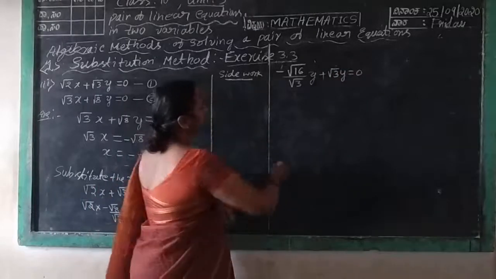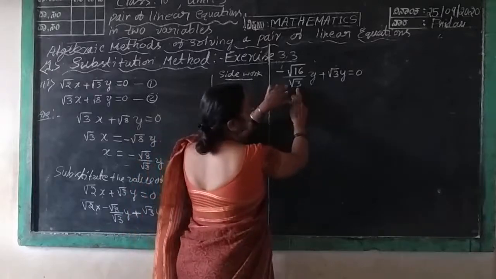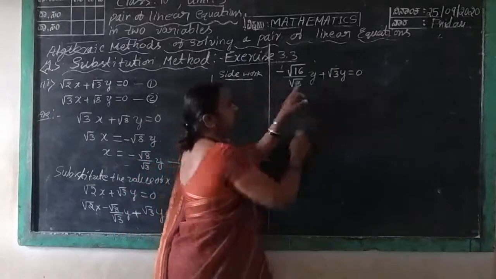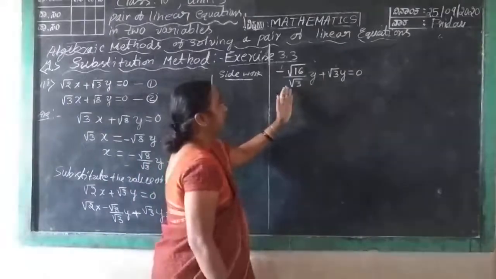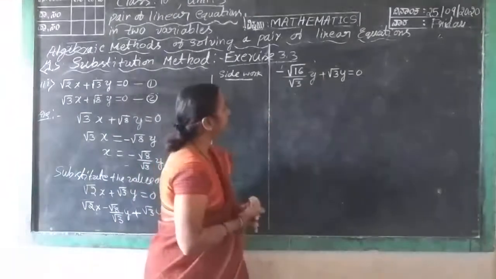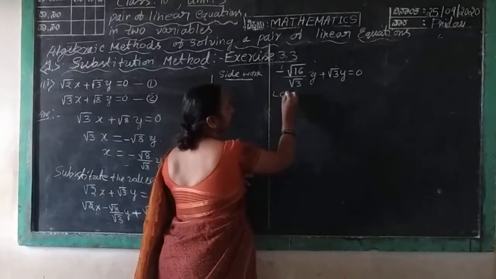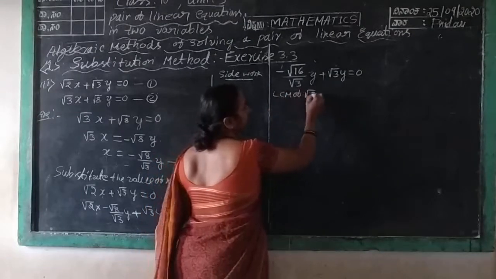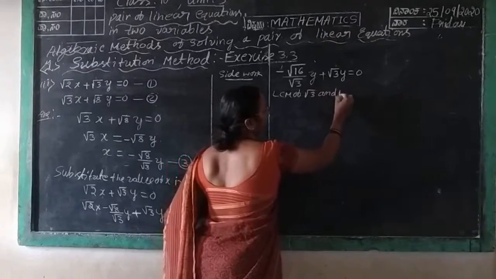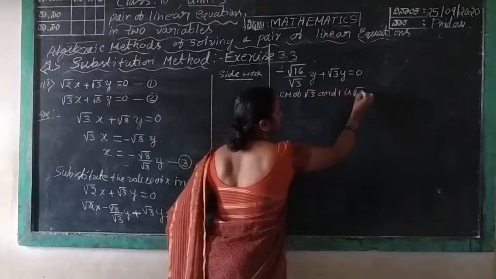Then root 3 and 1 are the denominators here. Then we will not directly add these. Then take the LCM for root 3. The LCM of root 3 and 1 is root 3.